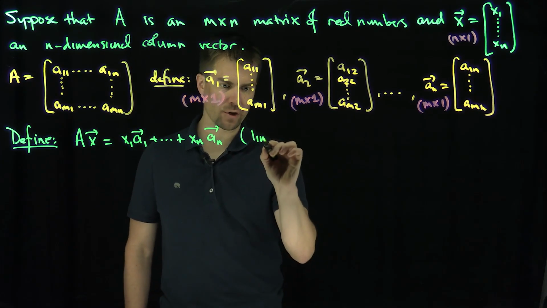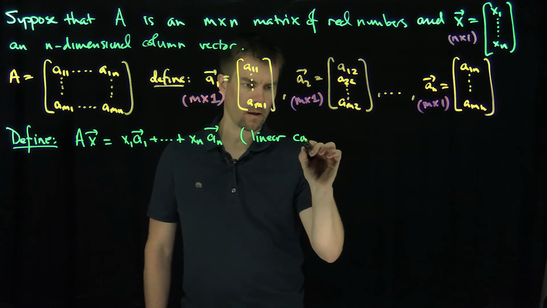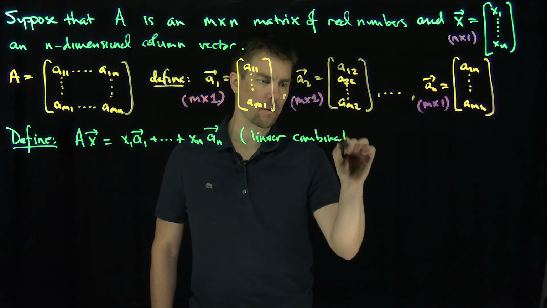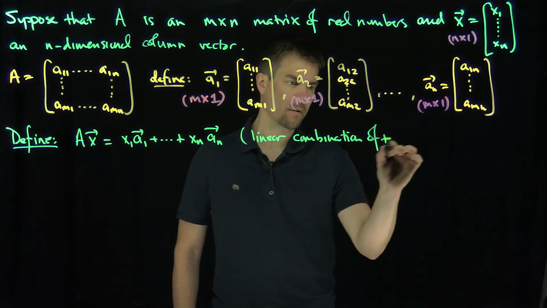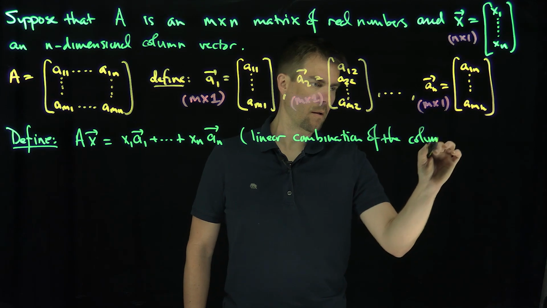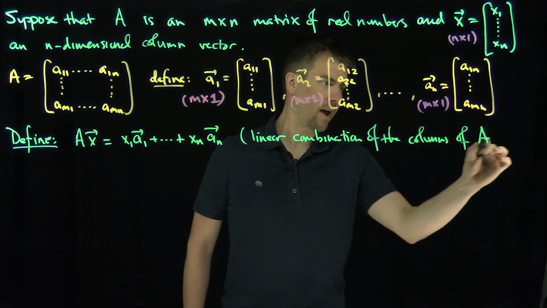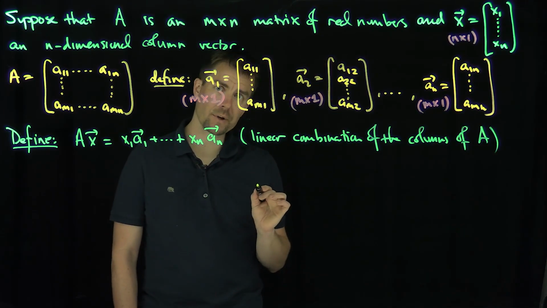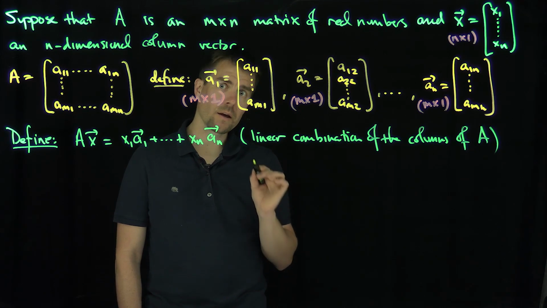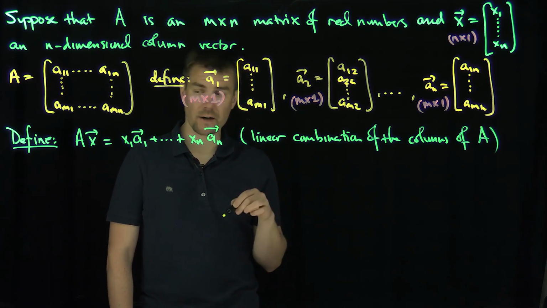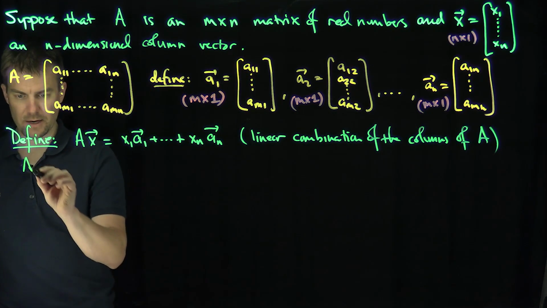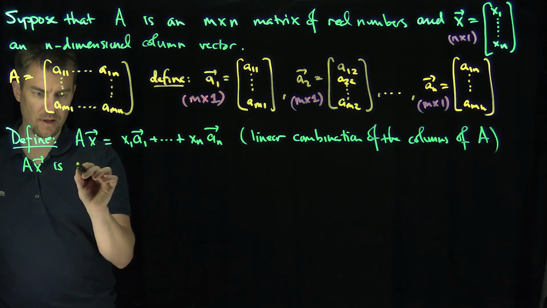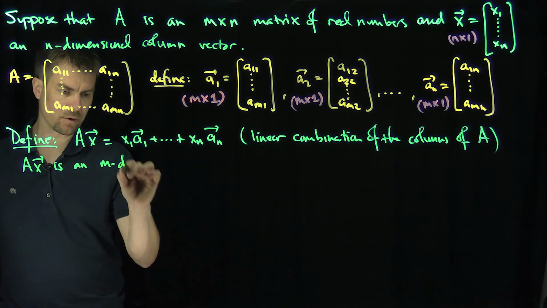This is a linear combination of the columns of A. That linear combination of the columns of A is exactly equal to an m-dimensional vector. So this Ax is an m-dimensional vector.